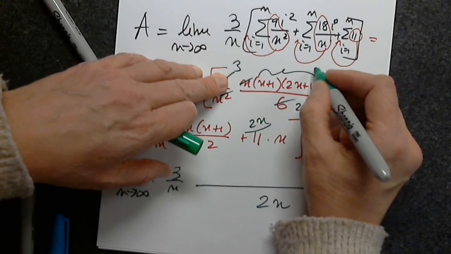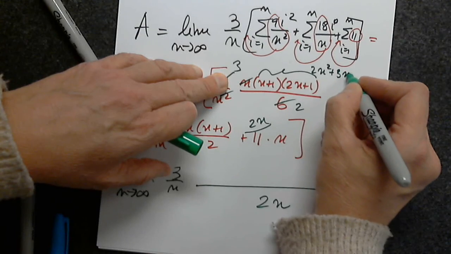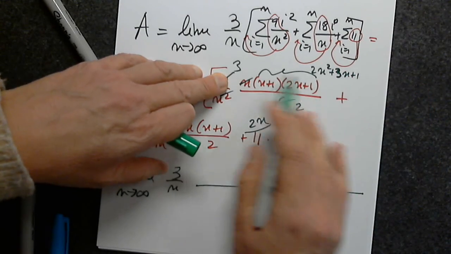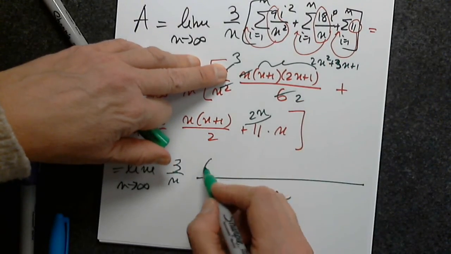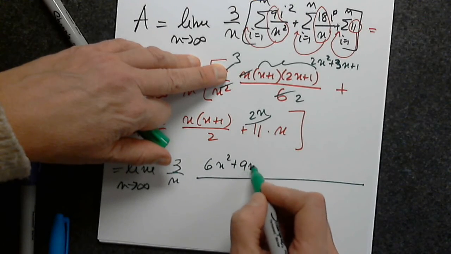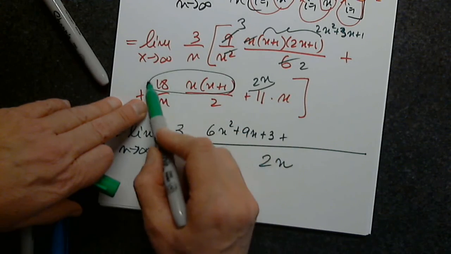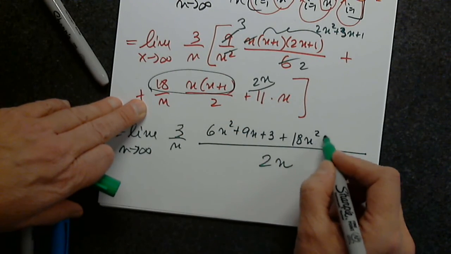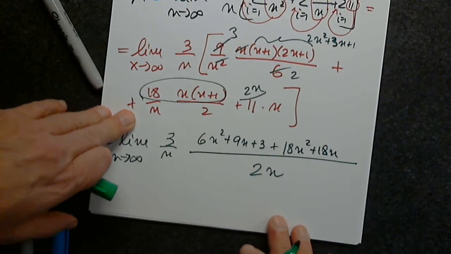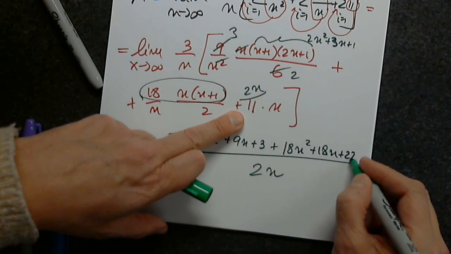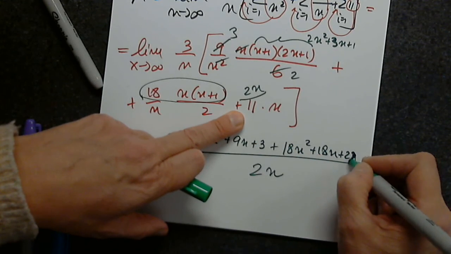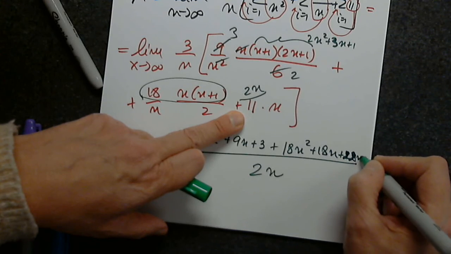I will multiply here as 2n squared plus 3n plus 1 because it's easier to multiply by 3. And I get 6n squared plus 9n plus 3. Plus, I will distribute here and get 18n squared plus 18n. And I multiply here and get 22, I meant 22n squared.